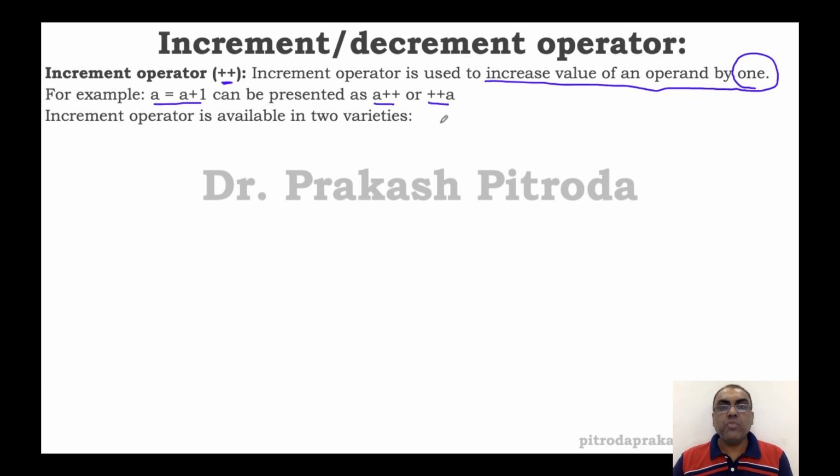Now let me explain very quickly why you are learning this. When I already know this and it is able to do the same task, why should I learn this? Remember, Java is a 2-byte code language. Every character of Java takes 2 bytes.